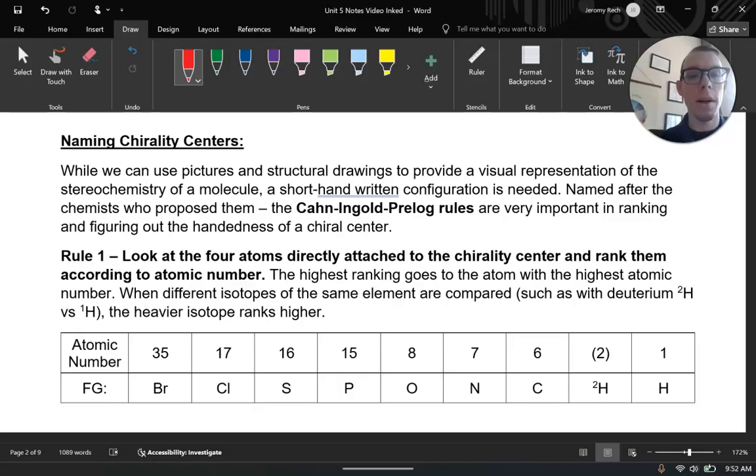These all come from a collection of scientists who came up with these rules to describe our stereocenter. There are three of them, and this is just their last names, the Cahn-Ingold-Prelog rules. I just combine them together and call them the CIP rules for short.